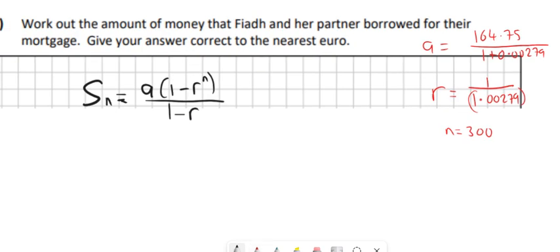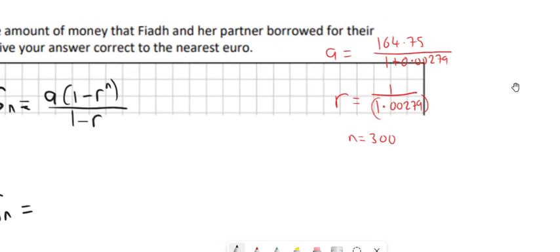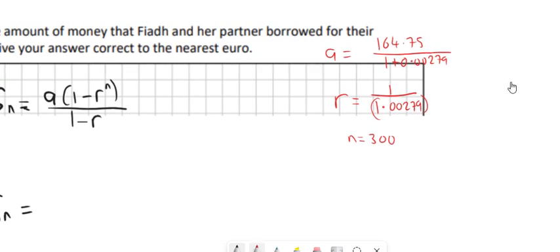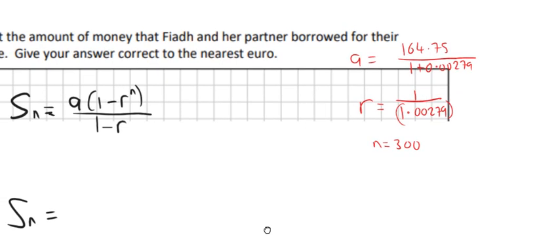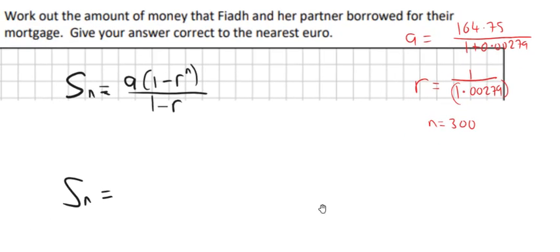Right. Let's try and put in everything then, so it's going to be awkward obviously. I'm going to figure out what the top is first. Our A, I'm just going to do 164.75 and divide it by 1.00279, and that'll tell me what A is, and I'm going to put it in here.